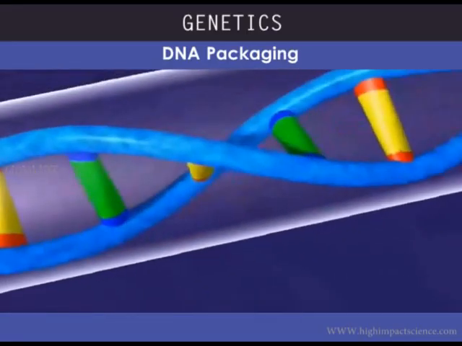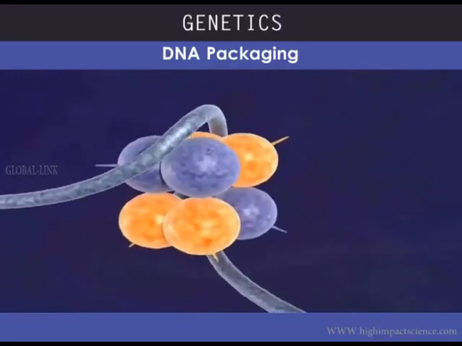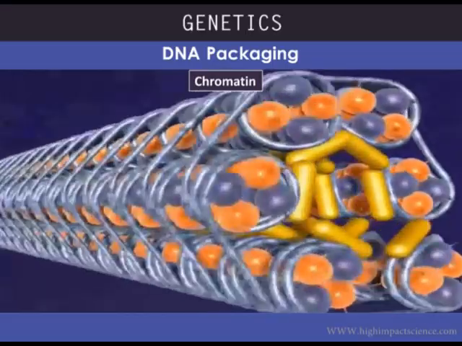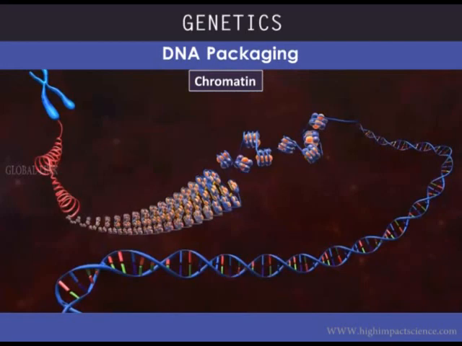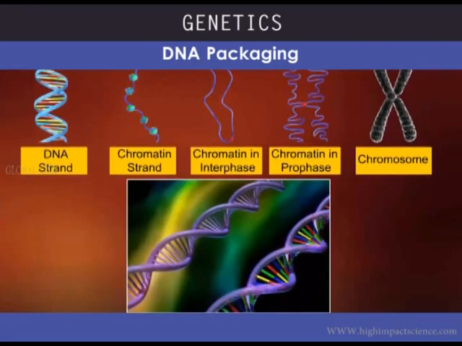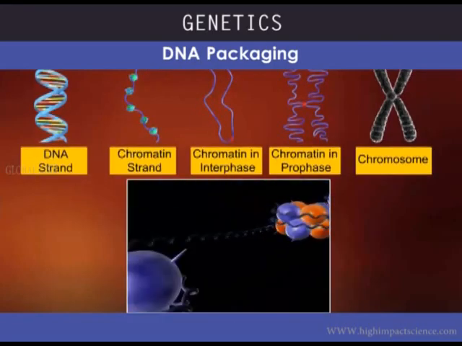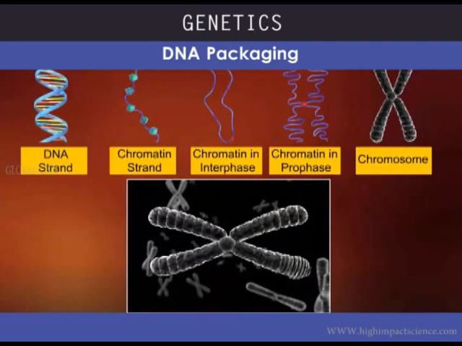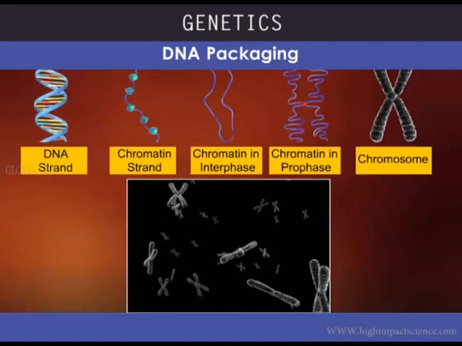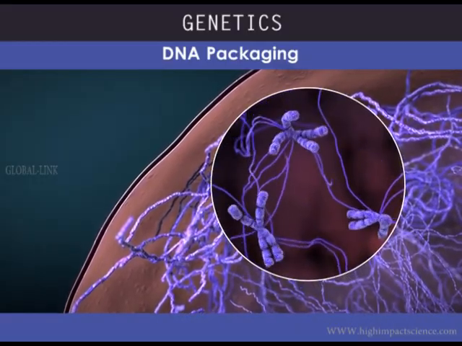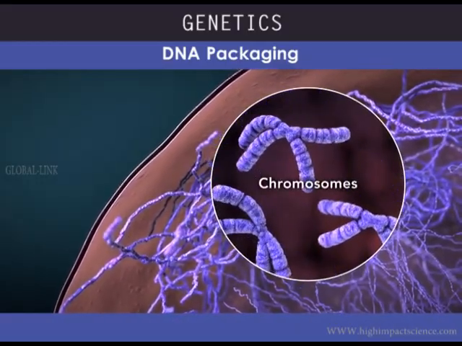It's the nucleosomes that make up the repeating units in chromatin, the thread-like structures seen in the nucleus. These chromatin fibers coil further and condense to form short and thick bodies called chromosomes during cell division. In this way, the double helix DNA is packaged into chromosomes which are found in the nucleus.